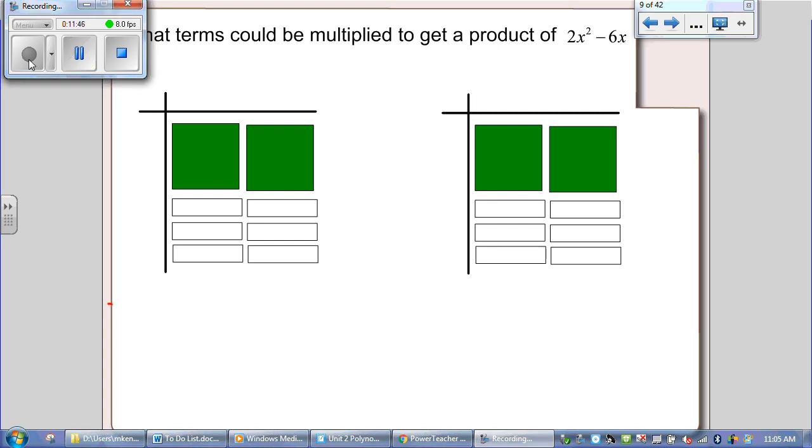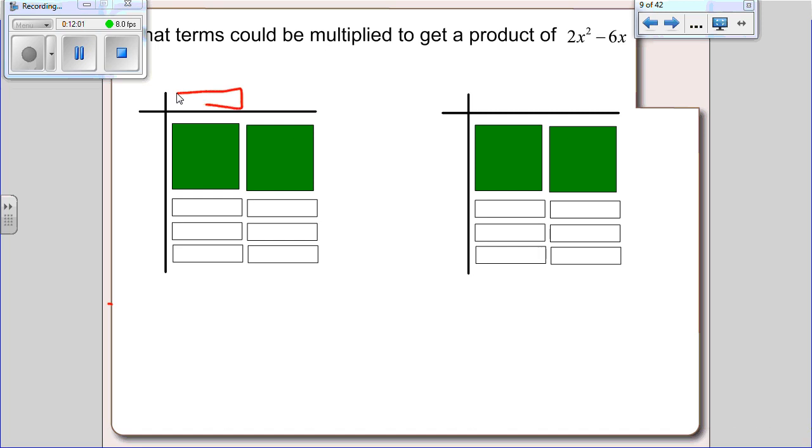So what I mean is if I wanted to get this answer right here, this 2x squared and then 6 negative x's, I can do 2 negative x's on top. Right, that would work. So that down the side, if I wanted to create a positive x squared, I would need a negative x there. And if I wanted to create all these little negative x's, what would I need to be multiplying by?